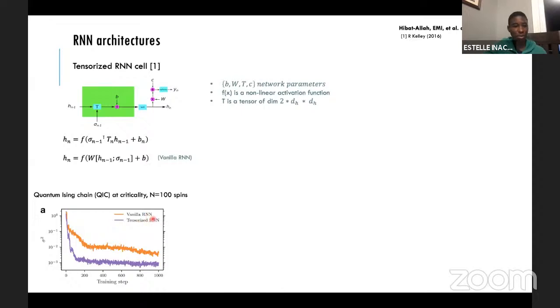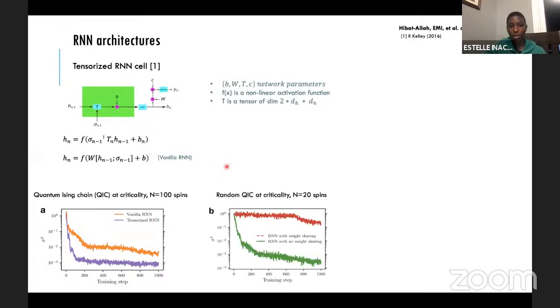We also benchmarked with more sophisticated versions of RNNs like GRUs, for those who are familiar with LSTM, and we also find the tensor RNNs do better. So next, for the Ising chains or for systems, local problems that we look at that have disorder.